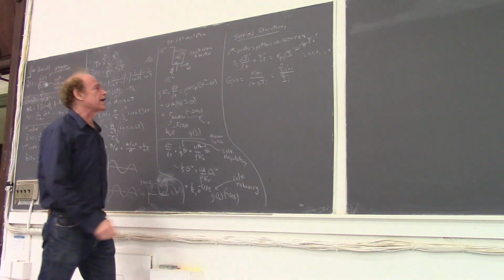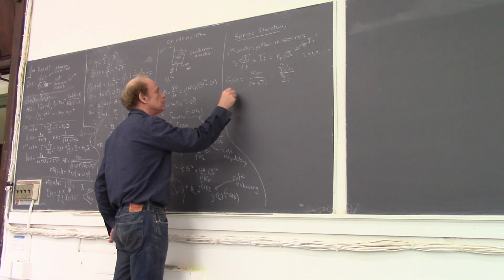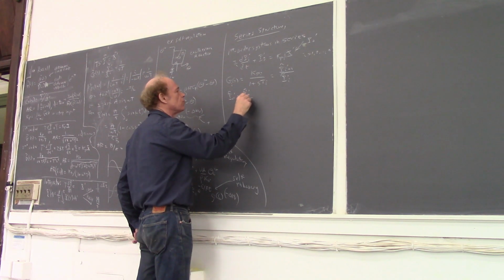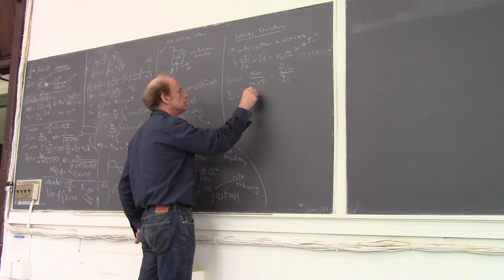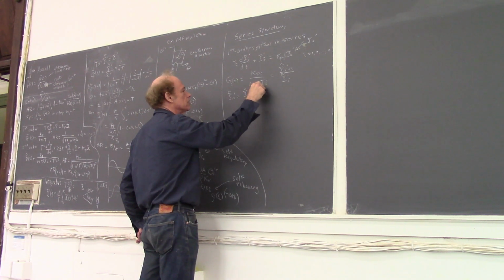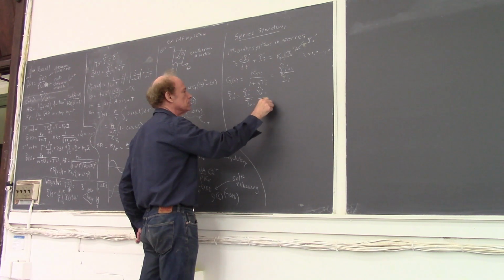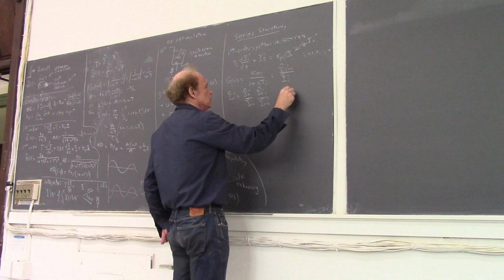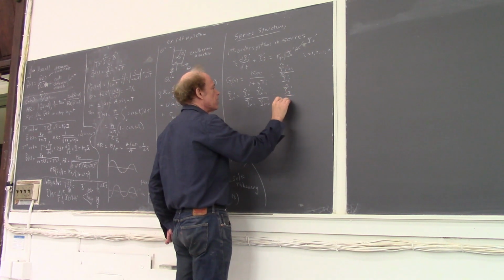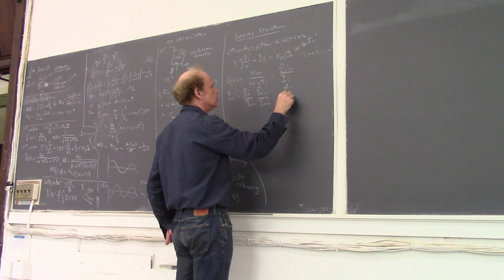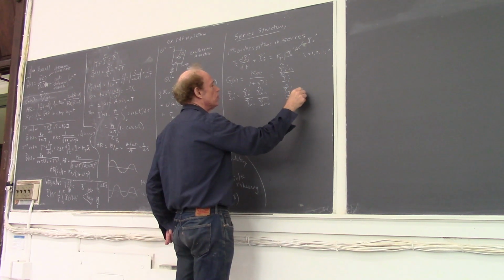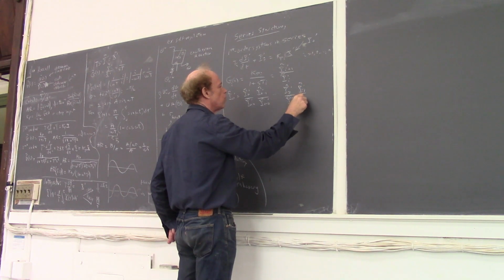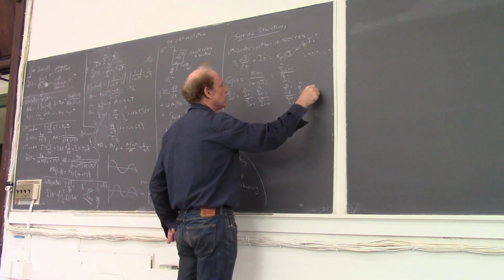So if I'm interested in yn, that's equal to yn prime tilde over yn minus 1 prime tilde, times yn minus 1 prime tilde over yn minus 2 prime tilde, and so on, down to y2 prime tilde over y1 prime tilde, times y1 prime tilde over y0 prime tilde, times y0 prime tilde.